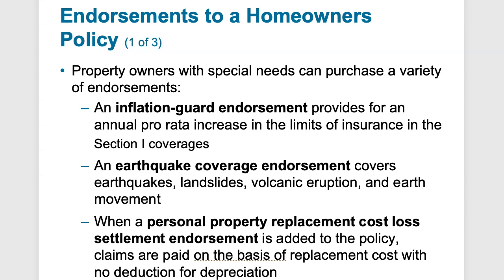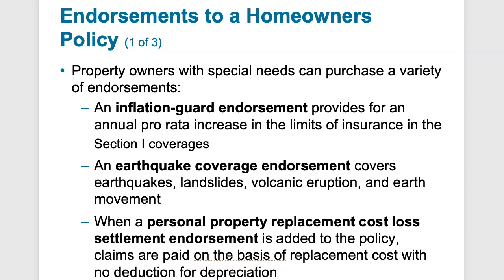Now, let's also talk about an add-on, a personal property replacement cost loss settlement endorsement. Basically, what we're talking about here is if you have losses to personal property, you want to hopefully have that replaced on the actual cash value. However, a personal property replacement cost loss settlement endorsement can be added to the policy.